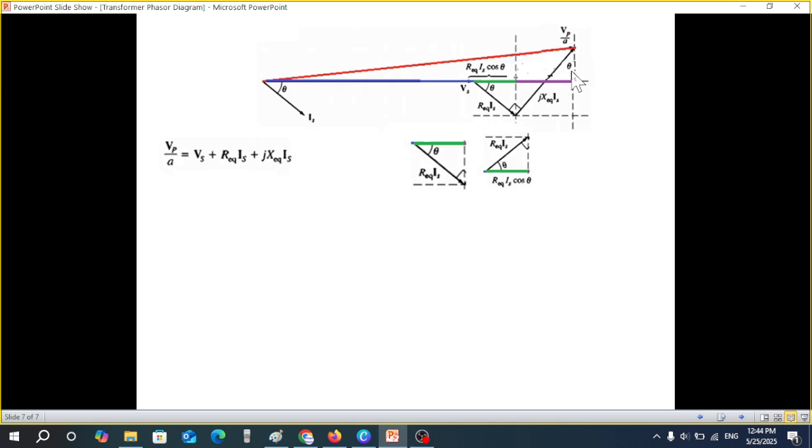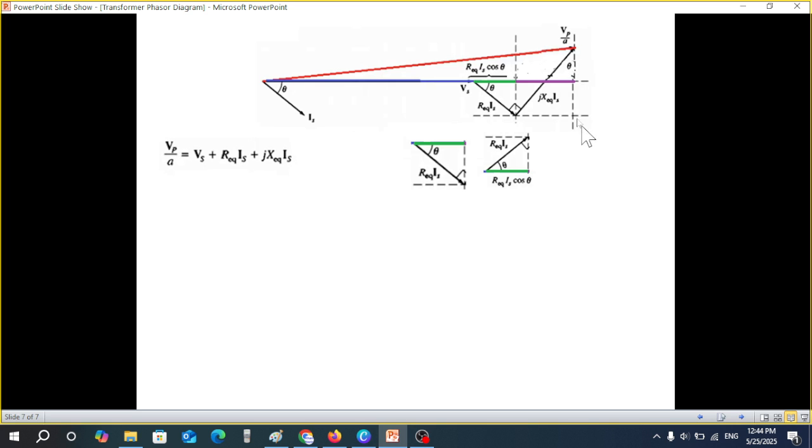The first thing we did was we put a theta here. And why did we put a theta? Because you can see that these two angles are opposite angles. This is 90, so this is also 90. That means this angle will be equal to theta.